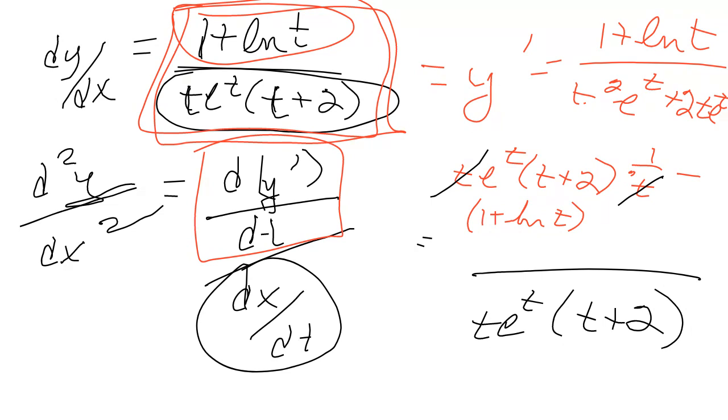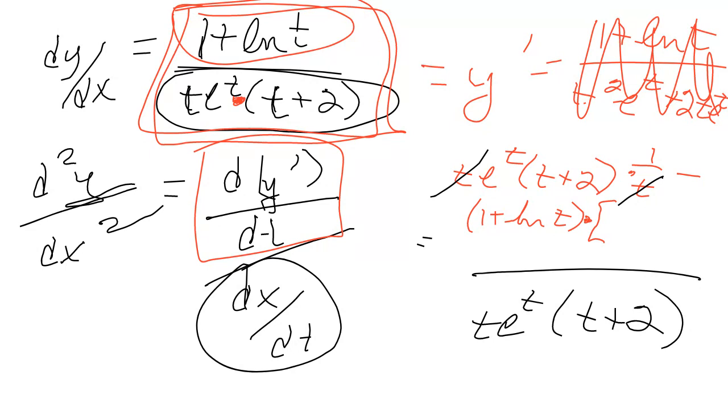Minus the top times the derivative of the bottom. All right, so the derivative of the bottom is, should we use the product rule? I think instead of having it multiplied out over here, let's just go ahead. This is a product. The derivative of the right one is going to be pretty easy. The derivative of the left one, we're going to have to use the product rule again.